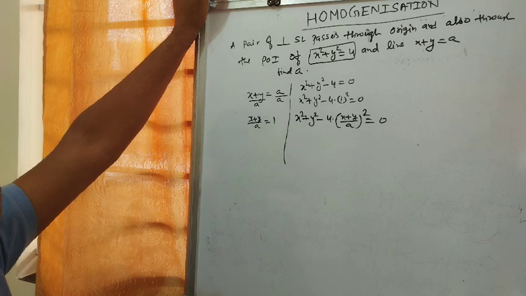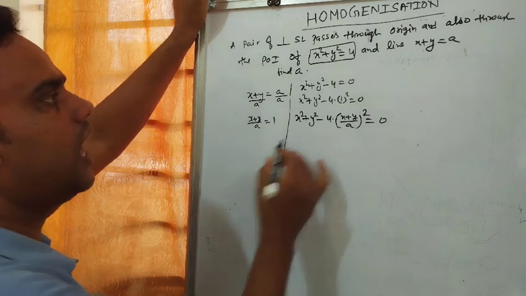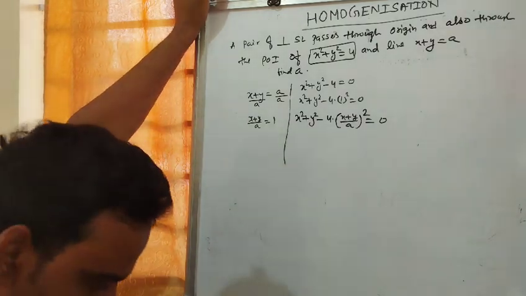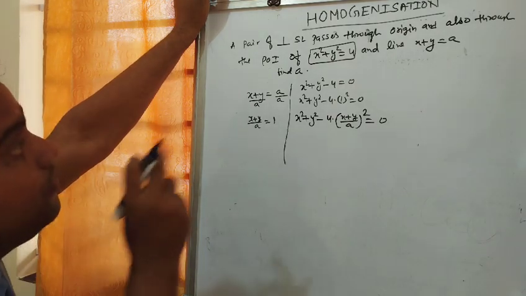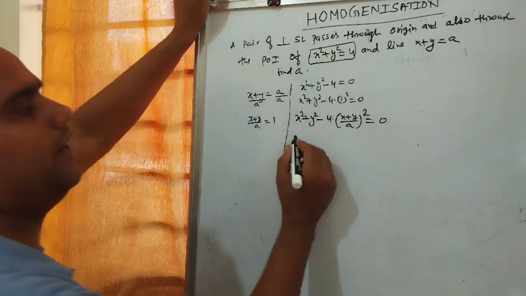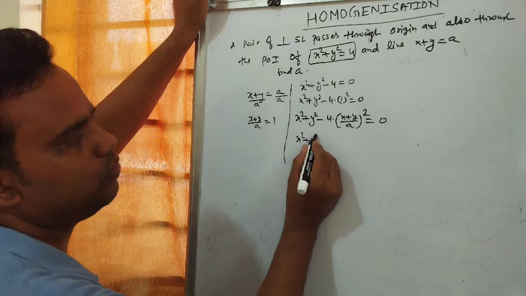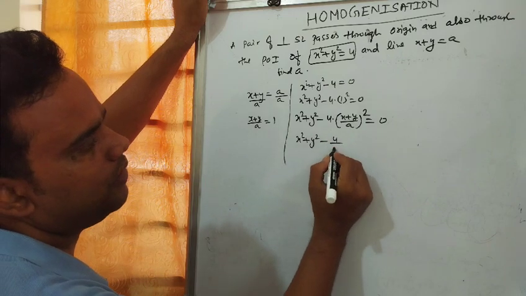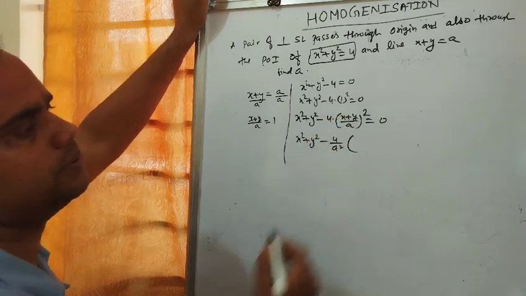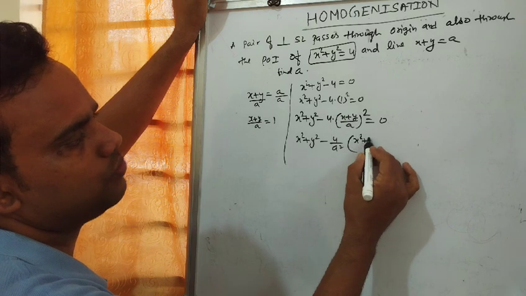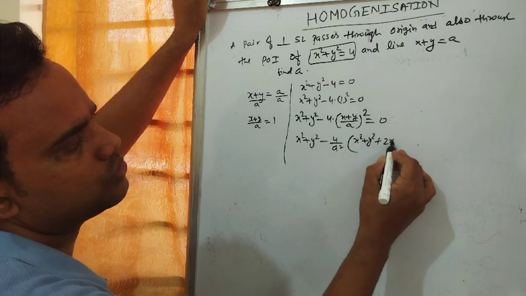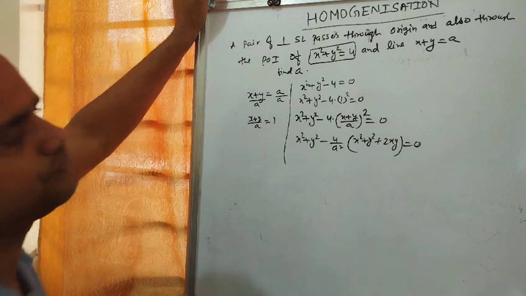Now simplify this, and this is a pair of perpendicular straight lines. So we write x square plus y square minus 4 by a square into (x square plus y square plus 2xy) equals 0.